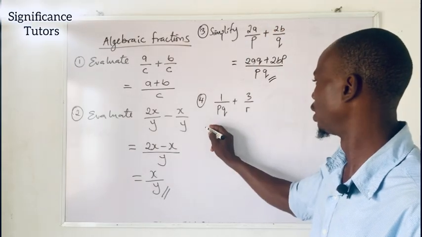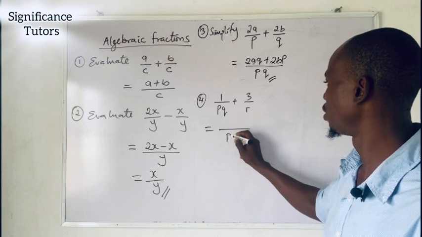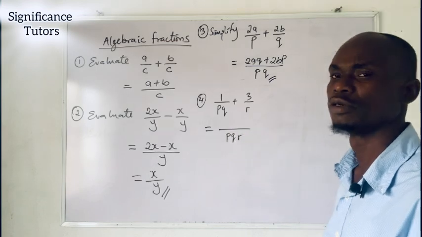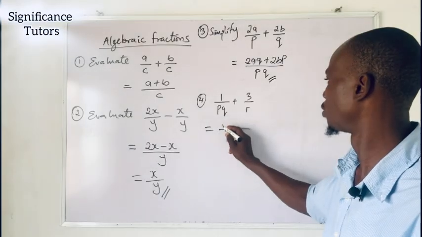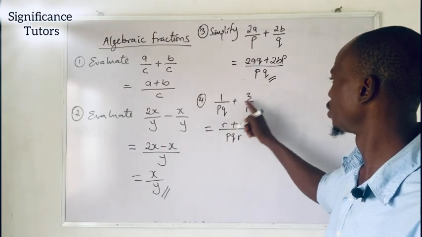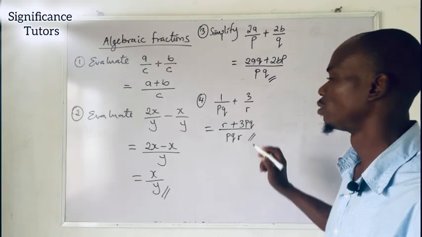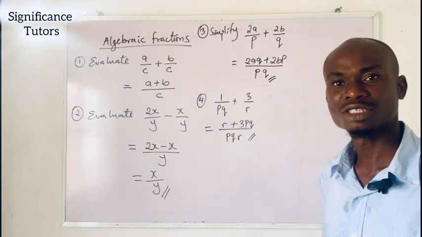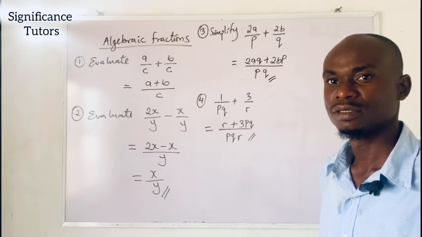What is the rule again? pq times r will give us pqr. Cross multiply: 1 times r, plus 3 times pq, 3pq. Done. Is that straightforward whenever it is different denominators?